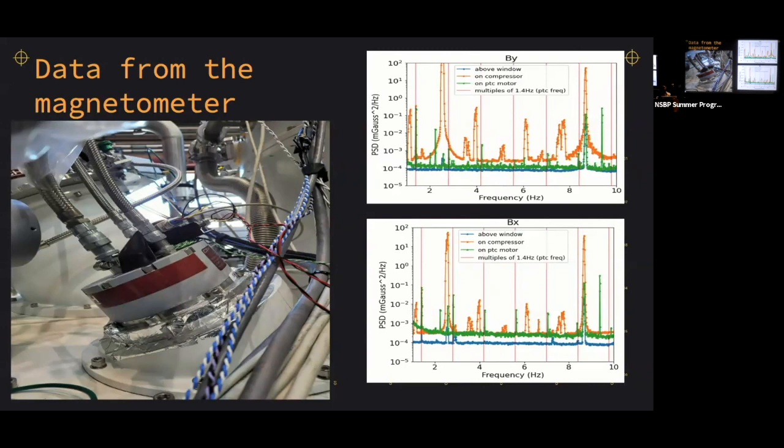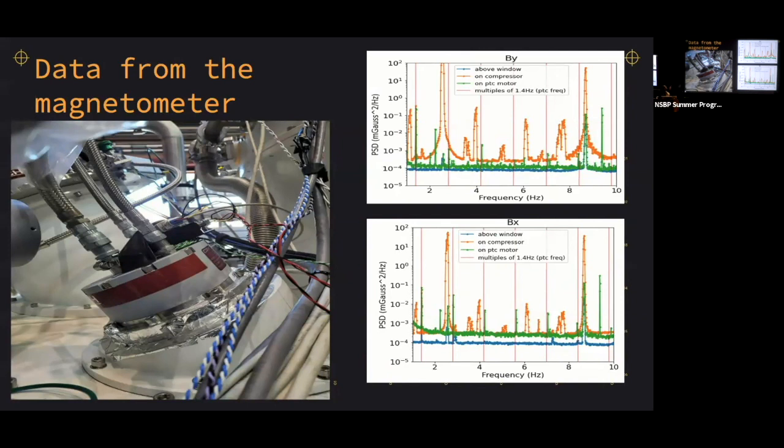So we have the frequency that the magnetometer picked up when he placed it on the motor and on the compressor above the window. We also plotted what we got for the 1.4 hertz frequency to compare and contrast.